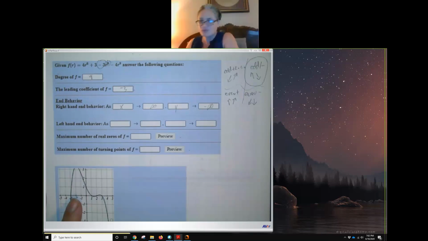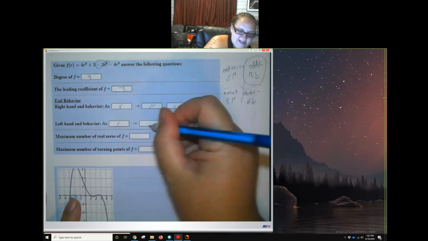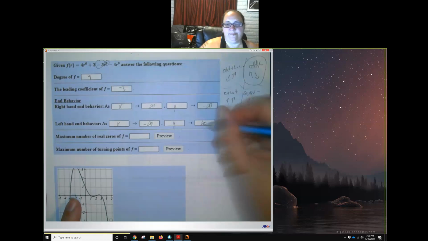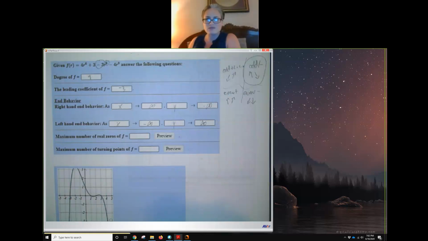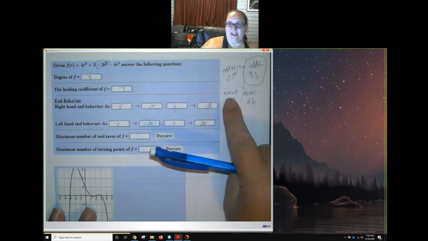And then on my left hand, as x goes to negative infinity, y goes to positive infinity. And then what's the one over on the right? Even negative. This is odd positive, odd negative, even positive, even negative.